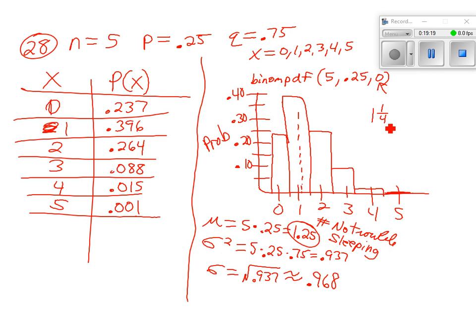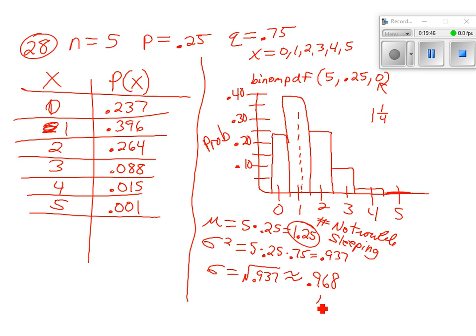So if we pick 5 people, we're saying that we should average getting about 1 1/4 people who say they have trouble sleeping. This tells us that this is real close to 1. And when you're talking about people, you sort of got to round stuff because we can't have 0.968 of a person.